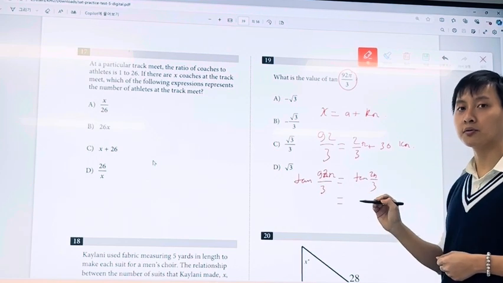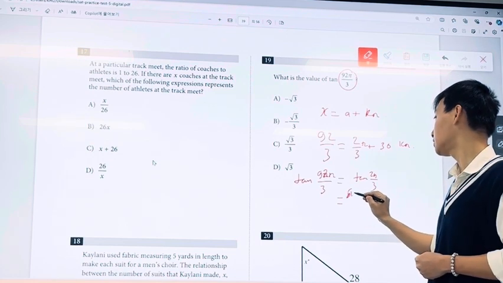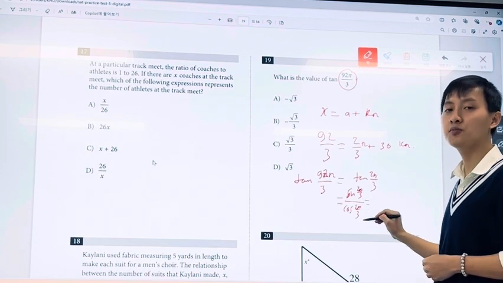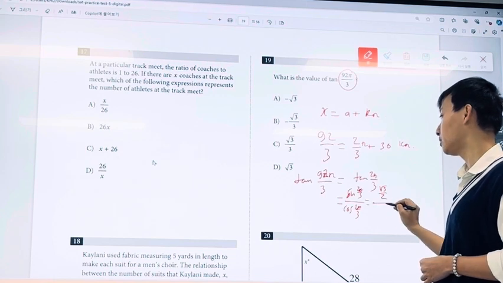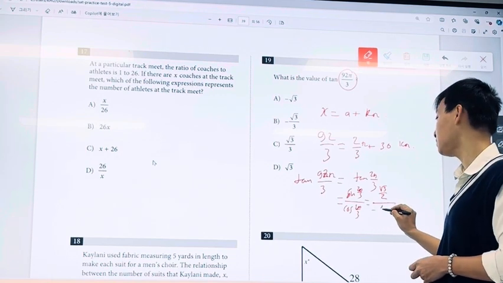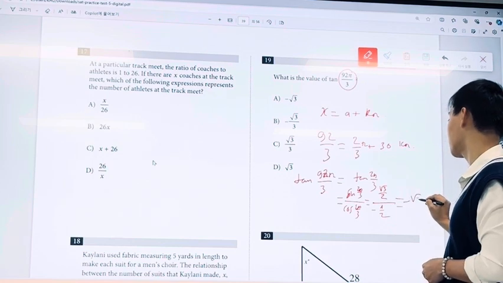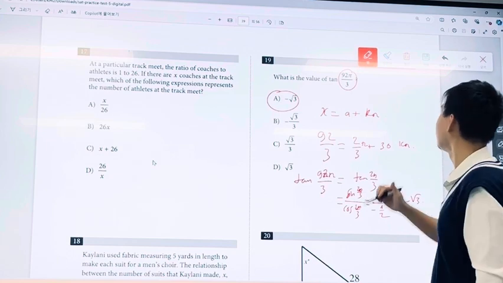Tan 2 pi/3 is going to be sine 2 pi/3 over cos 2 pi/3, right? Sine 2 pi/3 is root 3 over 2, and cos 2 pi/3 is negative 1/2, right? After simplifying, it's going to be negative root 3. Done, right?